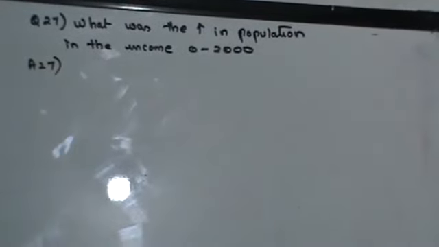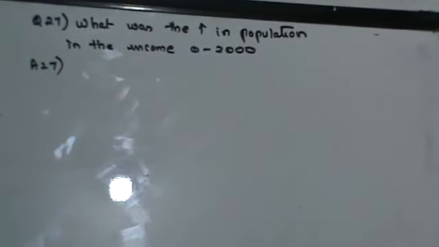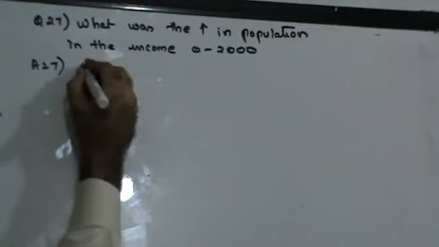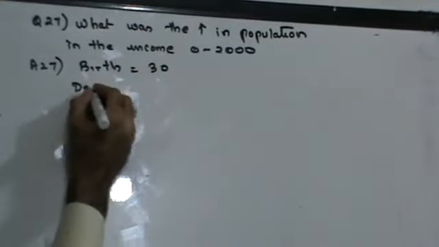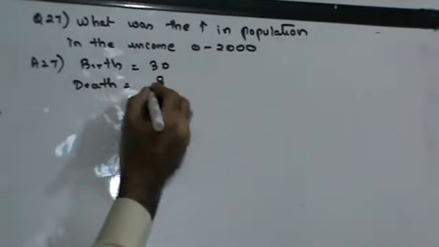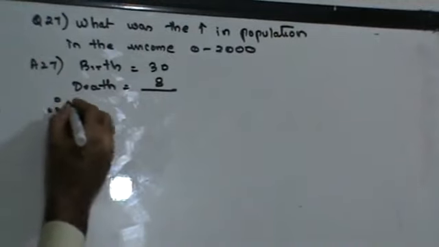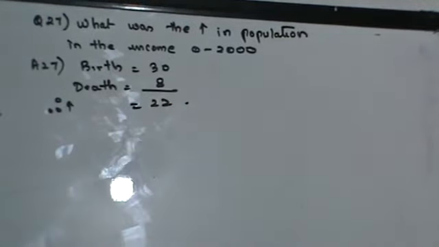Right? Increase in population in the income group 0 to 2000. In the income group 0 to 2000, the births are 30, death is 8, therefore increase is 22. So the increase in population in the group 0 to 2000 is 22.